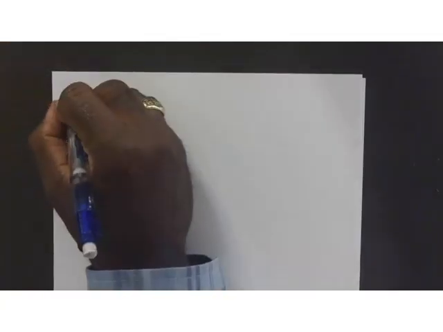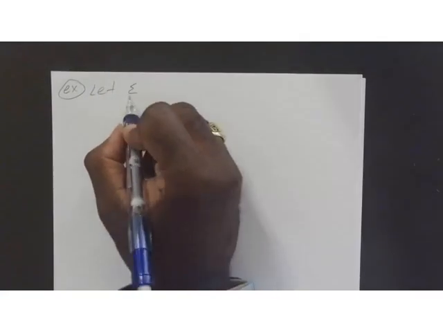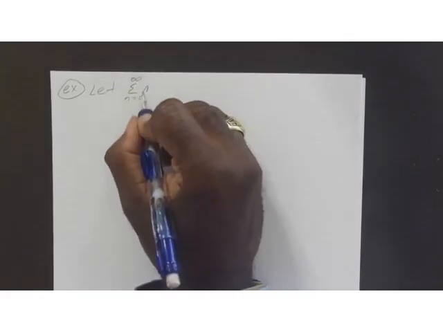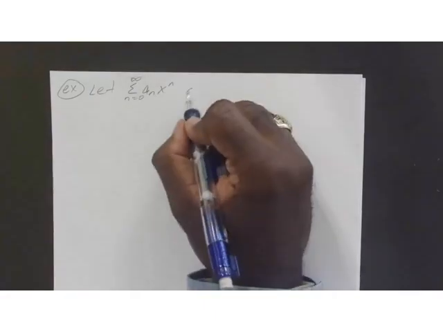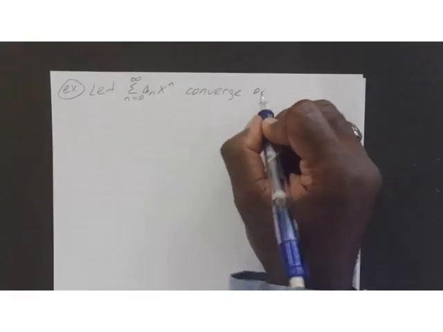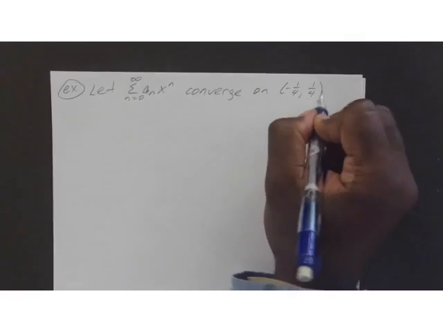Okay, so let's say, for example, we let the power series, the sum from n equals 0 to infinity of a sub n times x to the power of n, converge on the interval from negative 1 over 4 to 1 over 4.